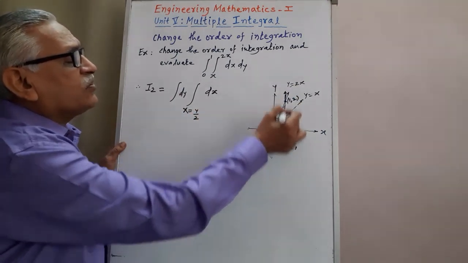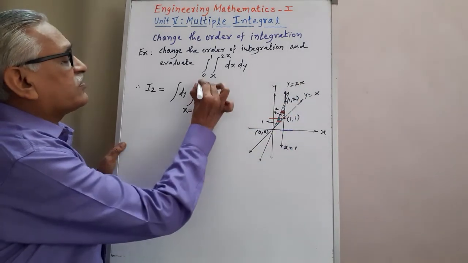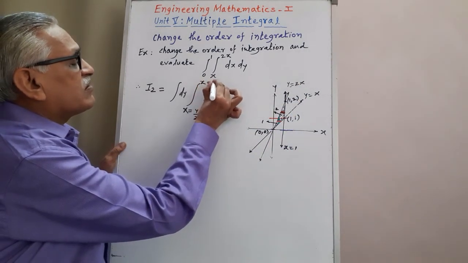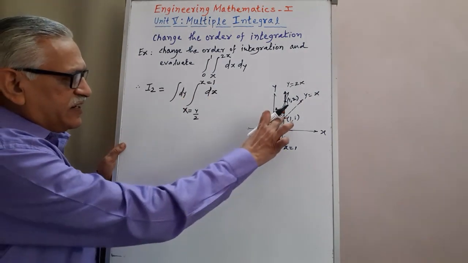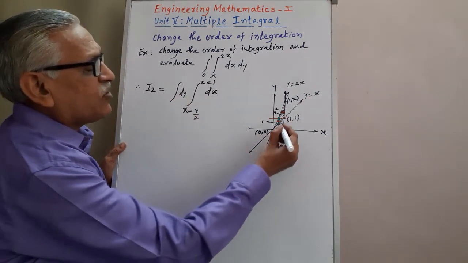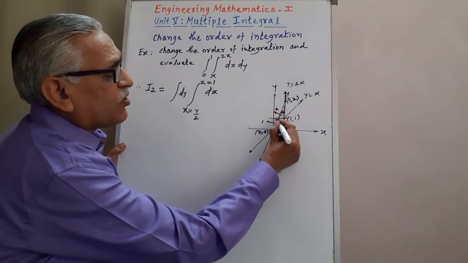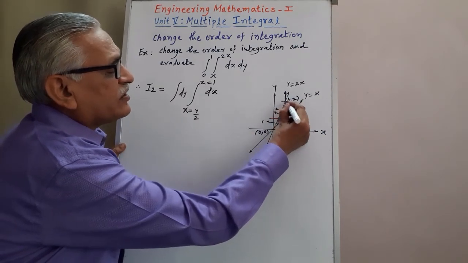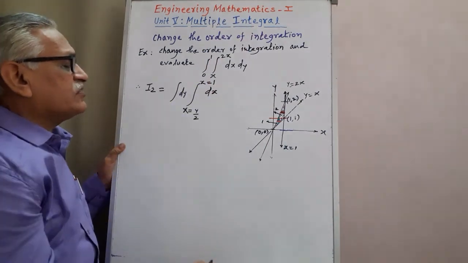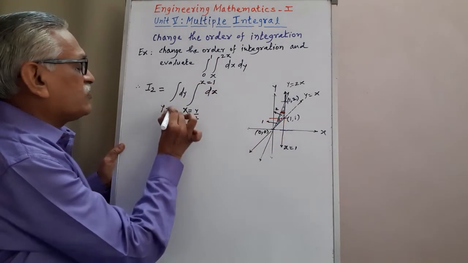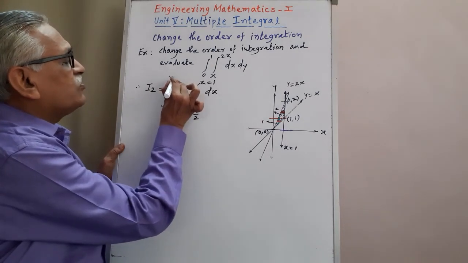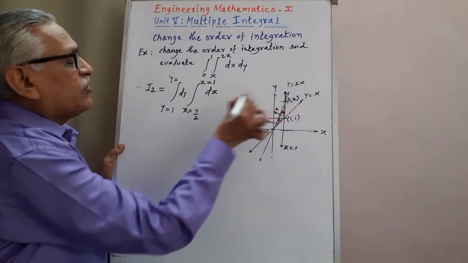Upper end lies on this line whose equation is x is equal to 1, whatever that result, then integrated with respect to y. For that we have to move the strip from this line up to this line in the upward direction for y. Therefore y equal to, at this point y is 1, and at this point y is 2.